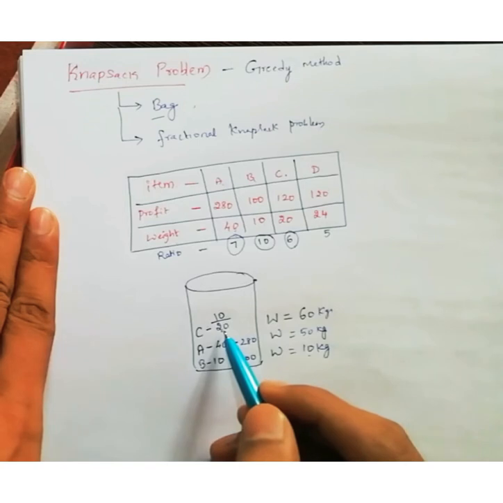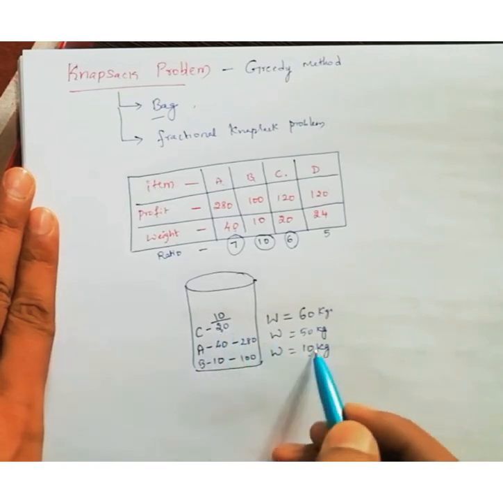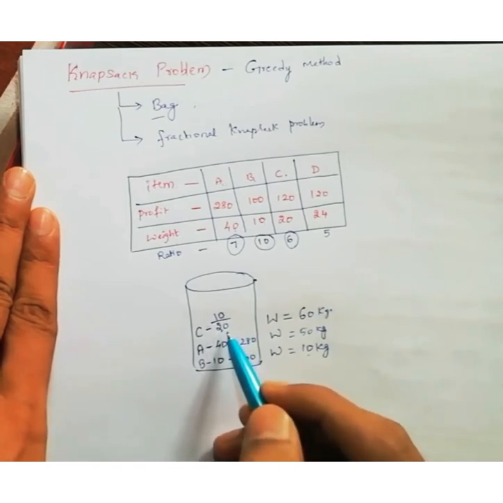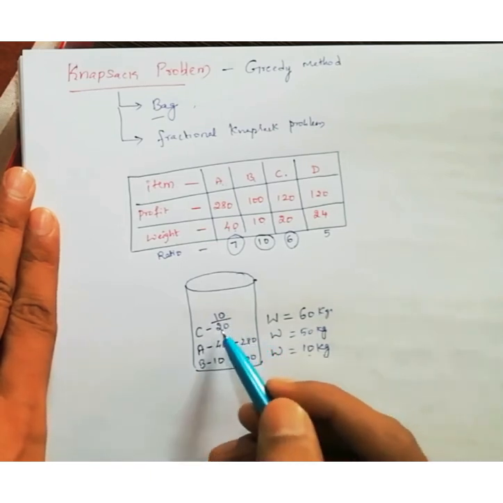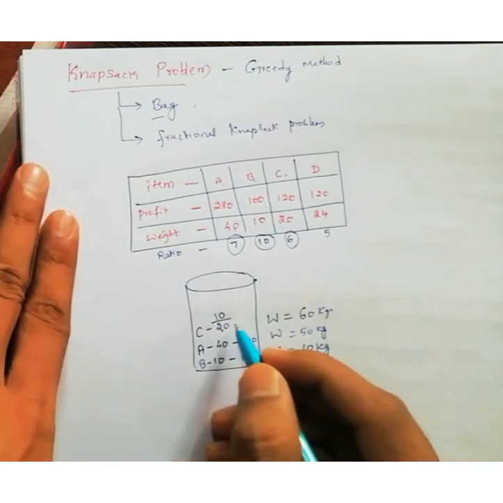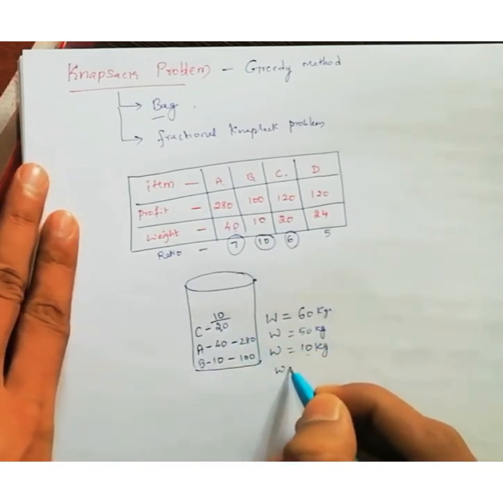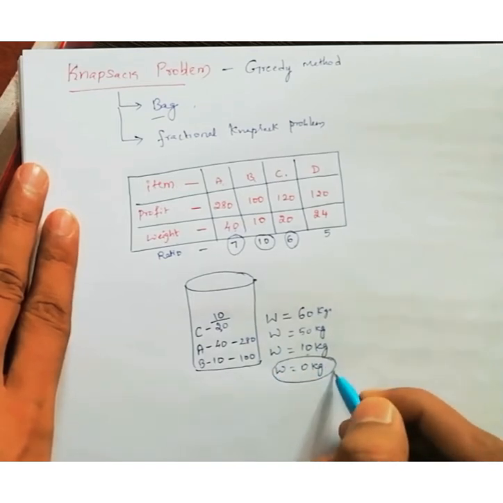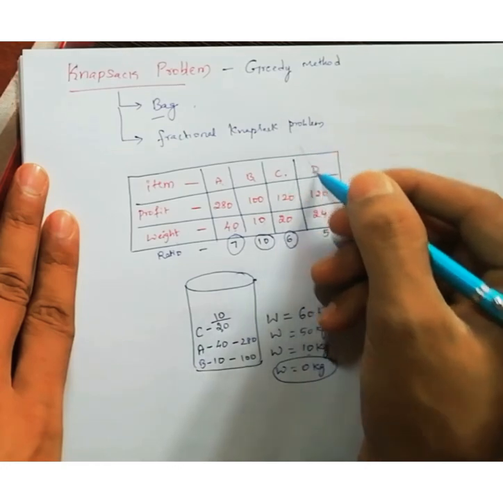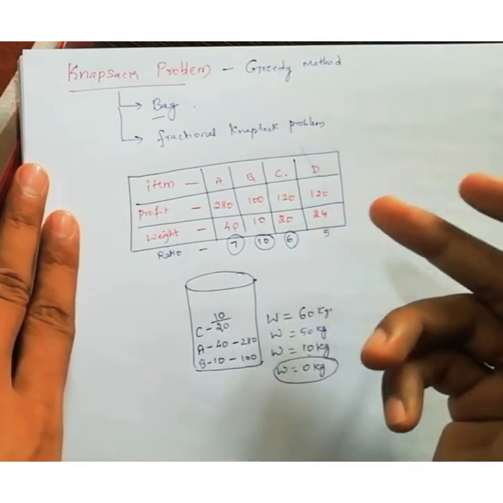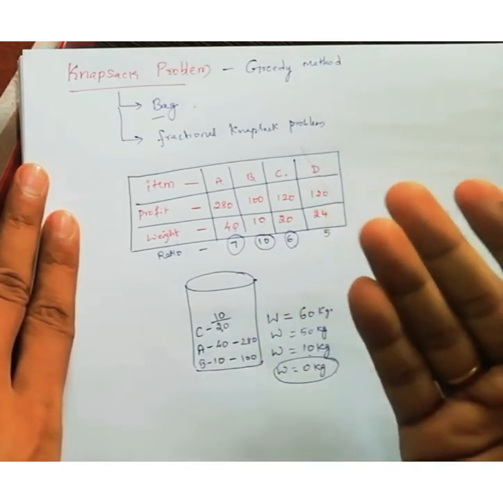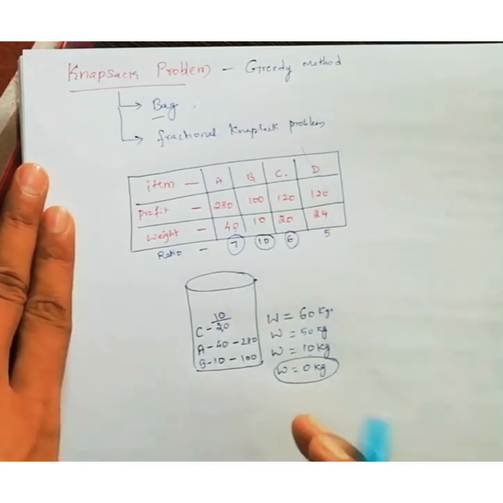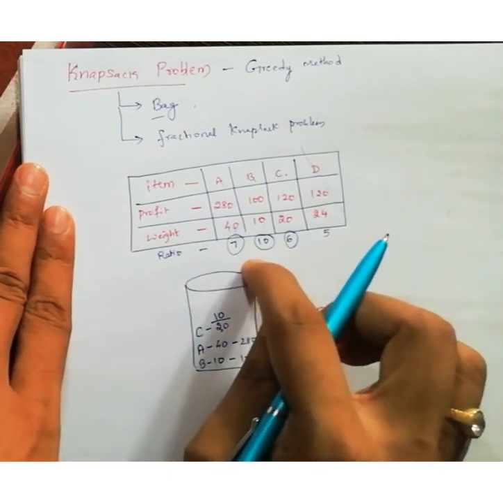We cannot fit 20 kgs, so we fit half of that; half of 20 is 10. So 10 minus 10, and finally the weight is 0 kg. If the weight becomes 0 kg, we can't store any next elements in this bag. This is the first stage.